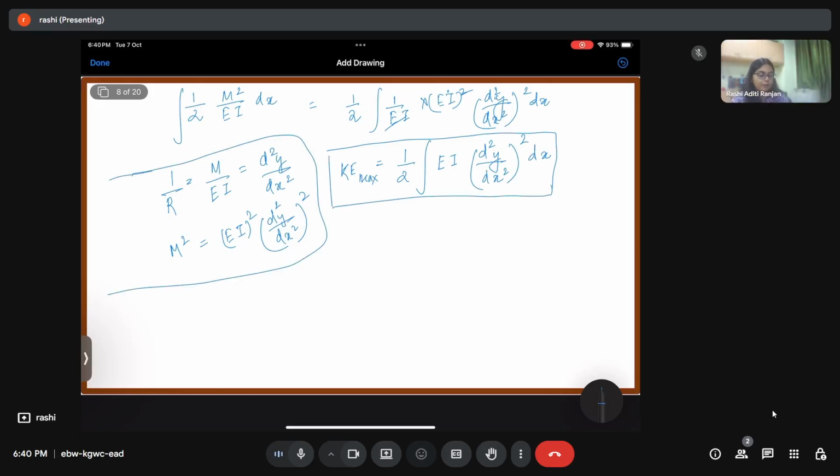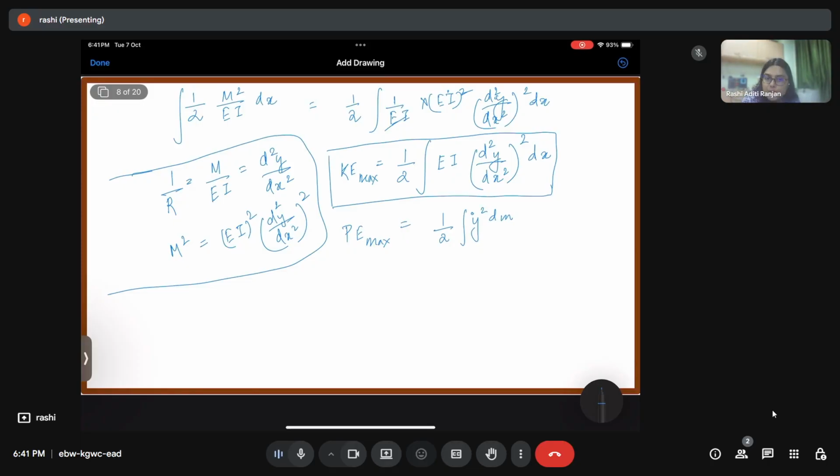Okay. Now we'll evaluate the kinetic energy, which is definitely going to be half into mass into velocity square, which is going to be half integration of y dot square into dm.